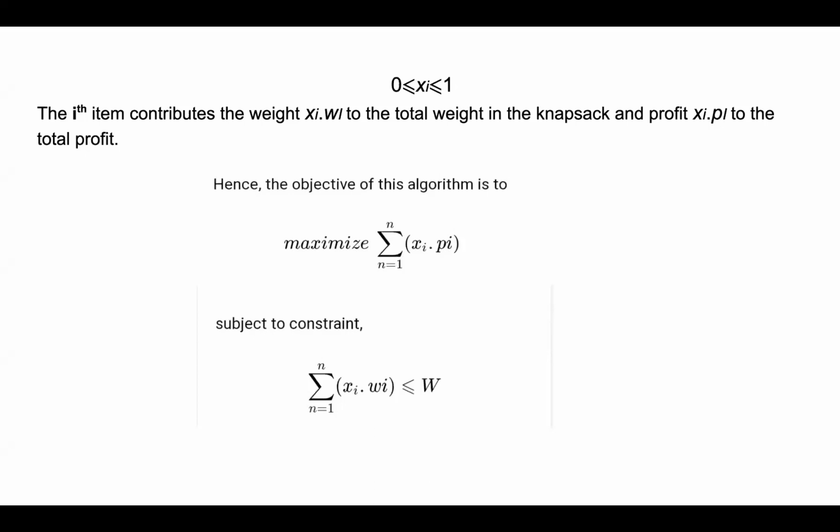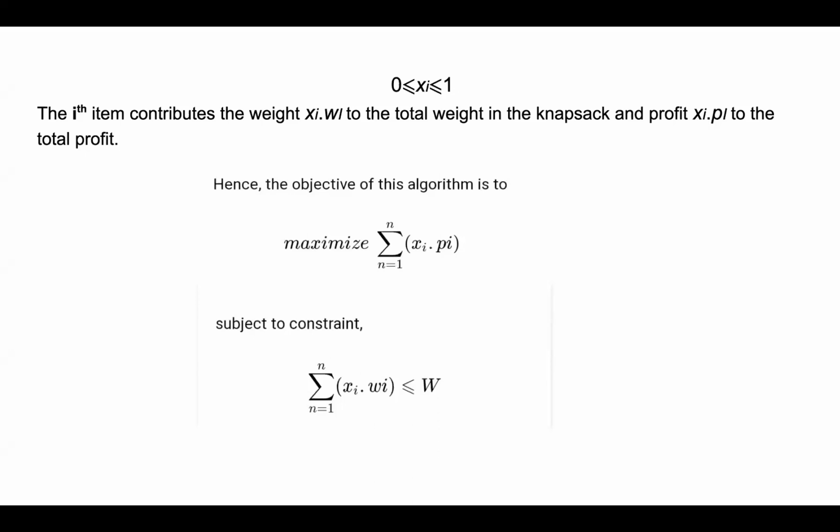Now, subject to the constraint. What is the limit there? What is the constraint? The summation i equal to 1 to n of xi into wi. The weight of the knapsack should be W only.